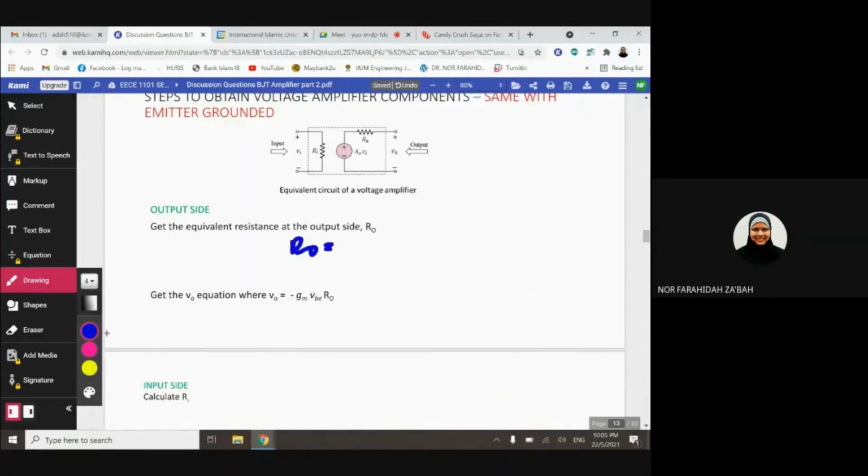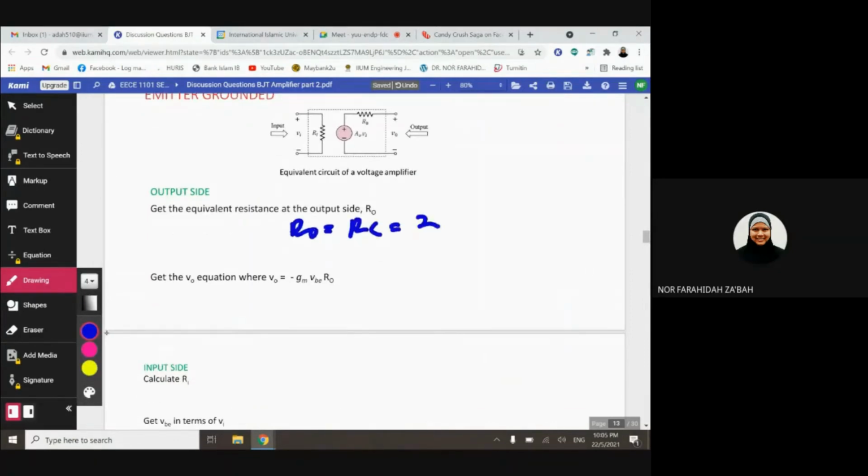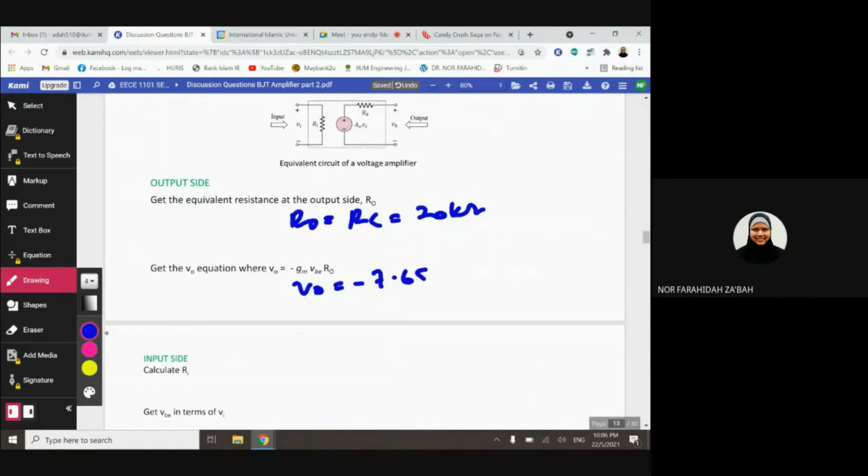So R naught will be equivalent to RC, which is 20 kilo ohm. V out will be equivalent to minus 7.65 times 20 VBE, and you're going to get minus 153 VBE. Okay, that's the output side.